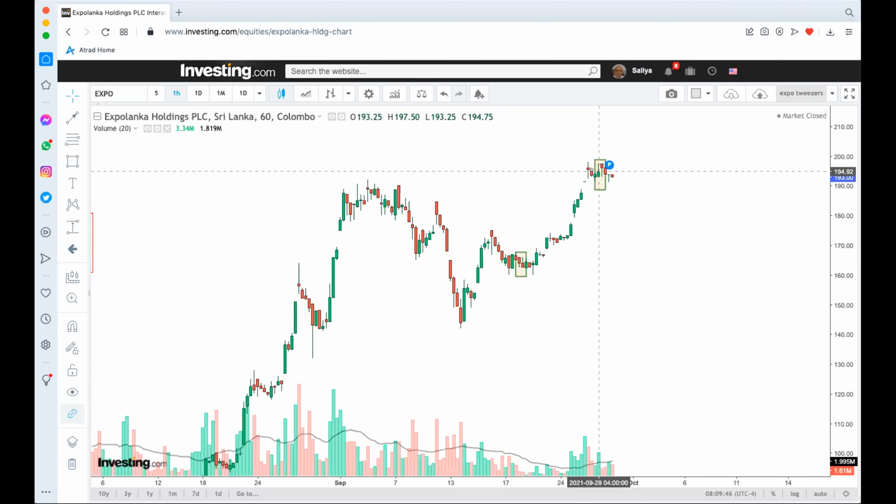Here it's 193.25, so it's just a matter of 25 cents difference. But you can see that it is almost similar in formation. Therefore, it is a tweezer, and it is known as a tweezer top. And it has happened at the top of a range.